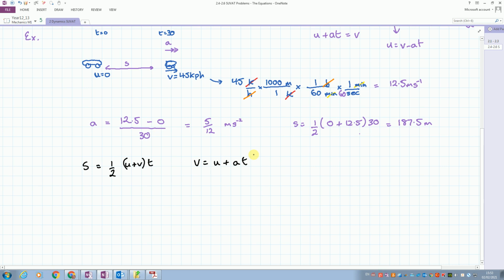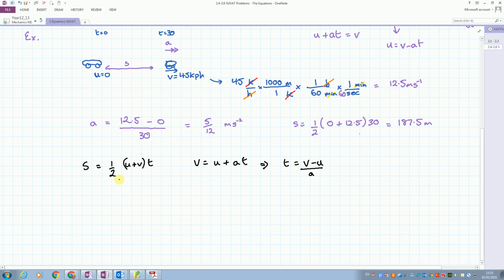What we can do is rearrange this one to give me my time-based equation. So t equals v minus u, transfer that over and then divide by a. And then we can substitute that in, because all these variables must be talking about the same situation.